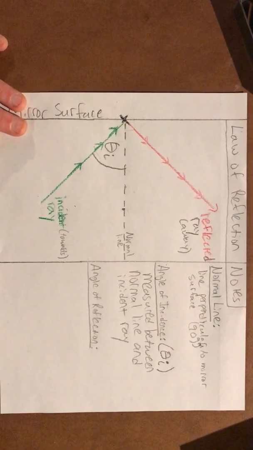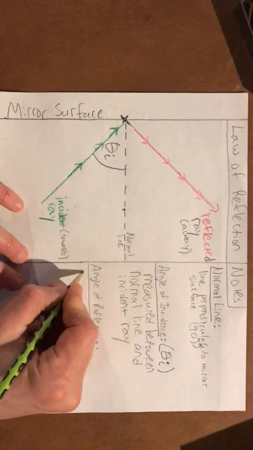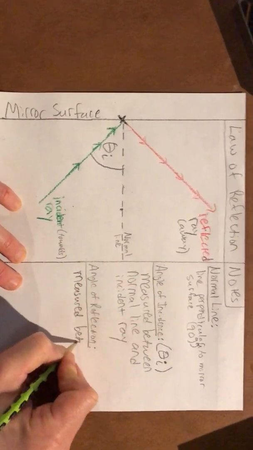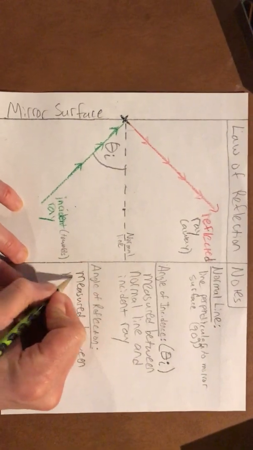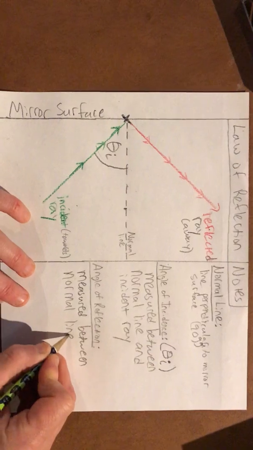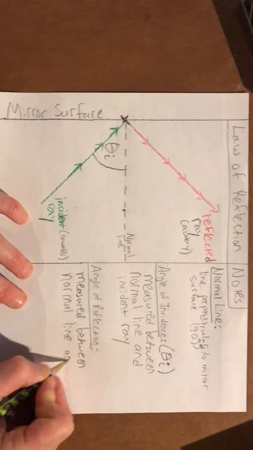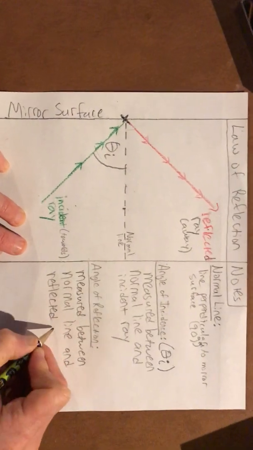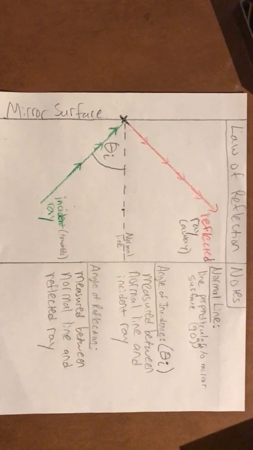Now the angle of reflection is measured very similarly. It's measured between the normal line again. That's why we drew that normal line to start with. And the reflected ray.